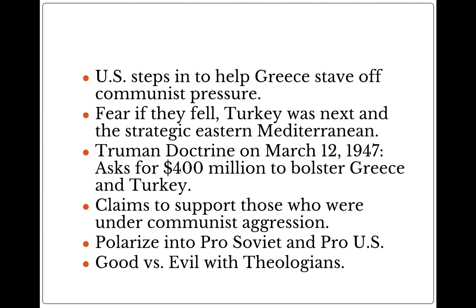So the Truman Doctrine, which was issued May 12, 1947, provided $400 million to bolster both Greece and Turkey, with the hopes that if they rebuilt their country with this money, they would have free elections, be more democratic, have a stable economy, and they wouldn't fall to communism. Doing this, again, polarizes into a pro-Soviet, pro-U.S., and ultimately it gets labeled basically as like good versus evil.